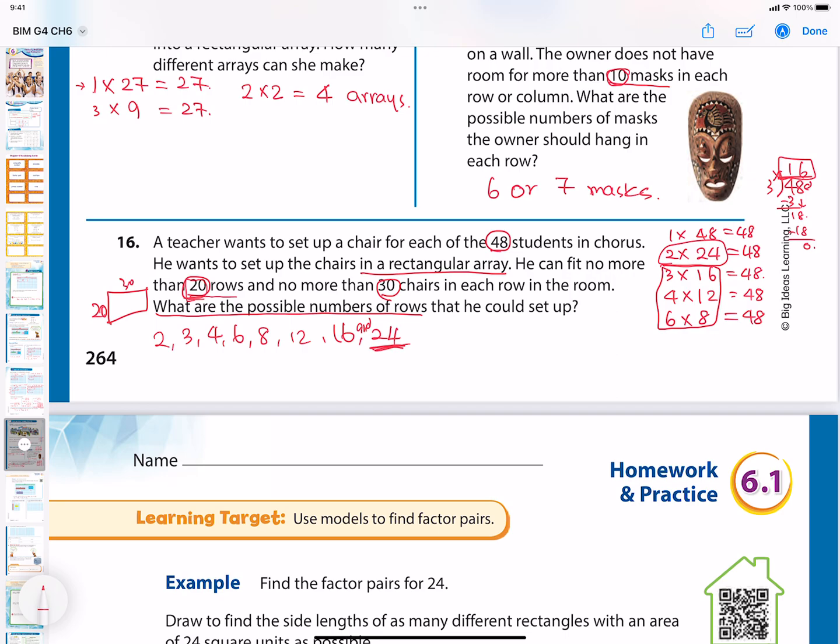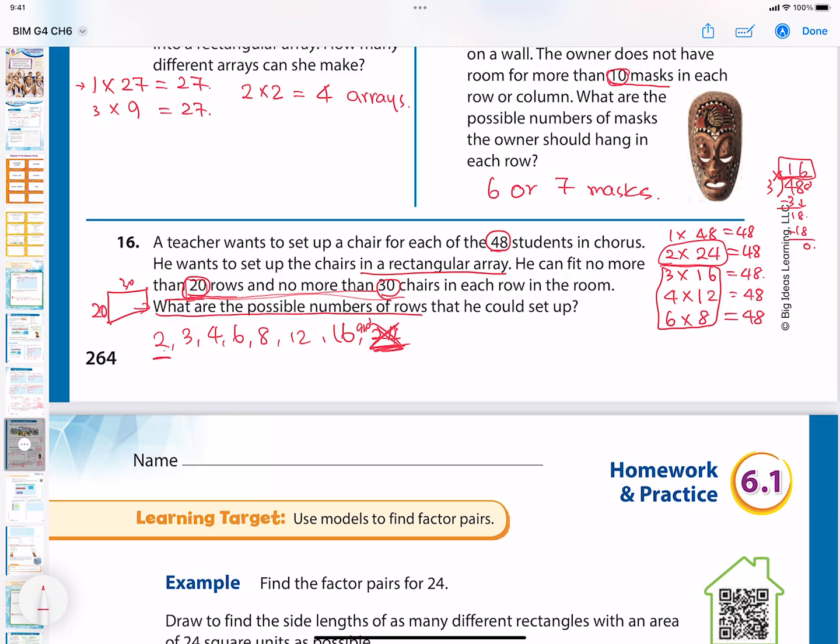Oh, I think I made you confused, right? Because the answer is, you know what? We can put this 2 and 24, but the last question is, what are the possible numbers of rows? So 2 can be rows, but 24 cannot be the row. You understand?